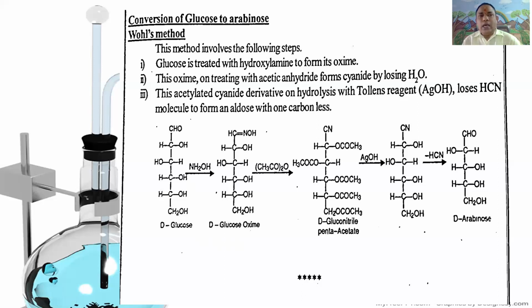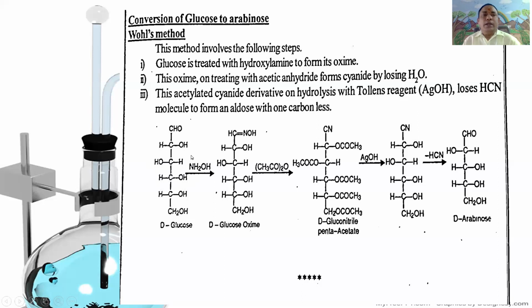Now the reaction for the conversion of D-glucose to D-arabinose through Cole's method. First, D-glucose is CHO, CHOH, CO HH, CHOH, CHOH, CH2OH. Upon treatment with hydroxylamine, water is removed.